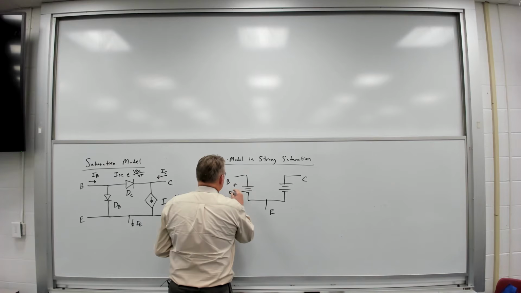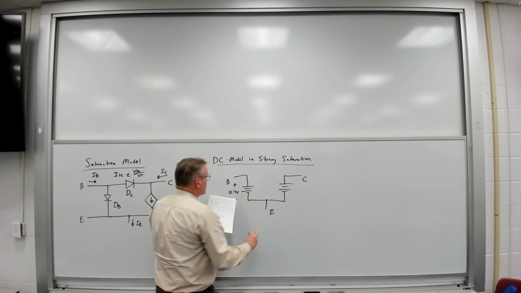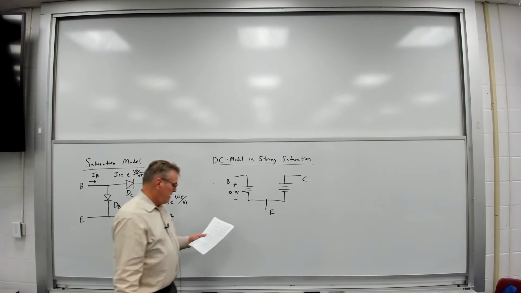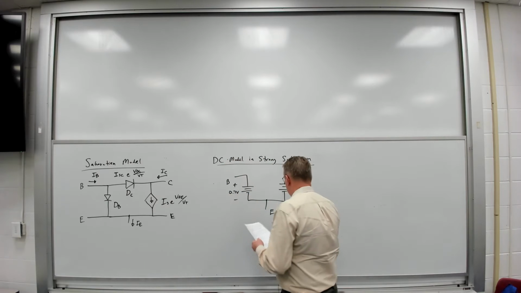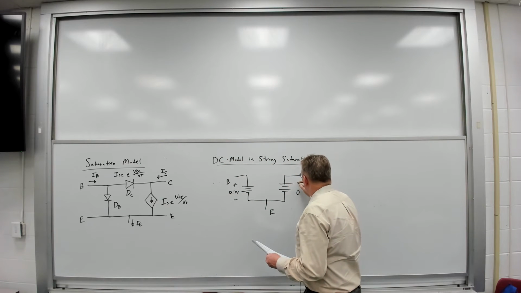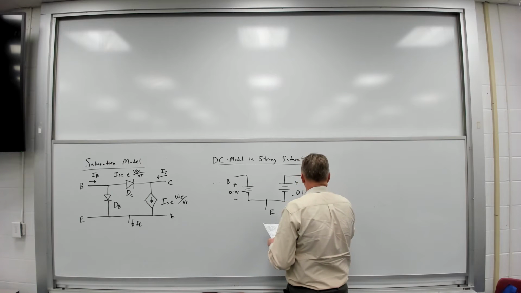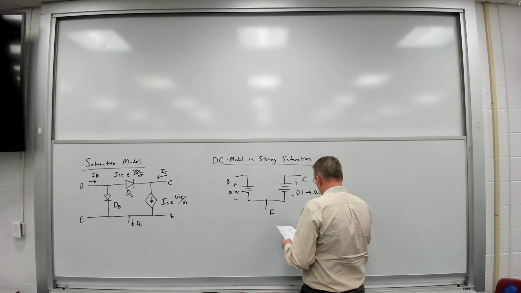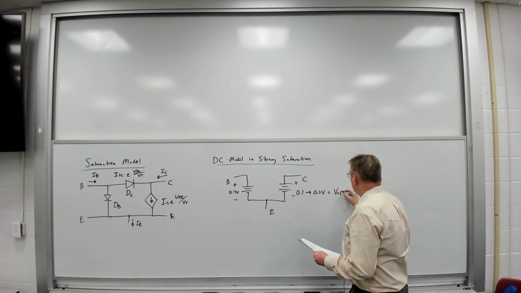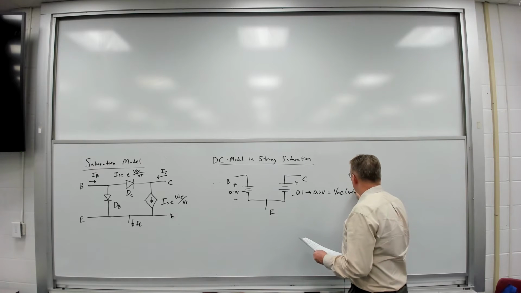Now I've got this junction strongly forward biased, and I've got a voltage between the collector and the emitter, which is going to be somewhere in the range of 0.1 to 0.3 volts, which of course will be equal to my VCE sat value.